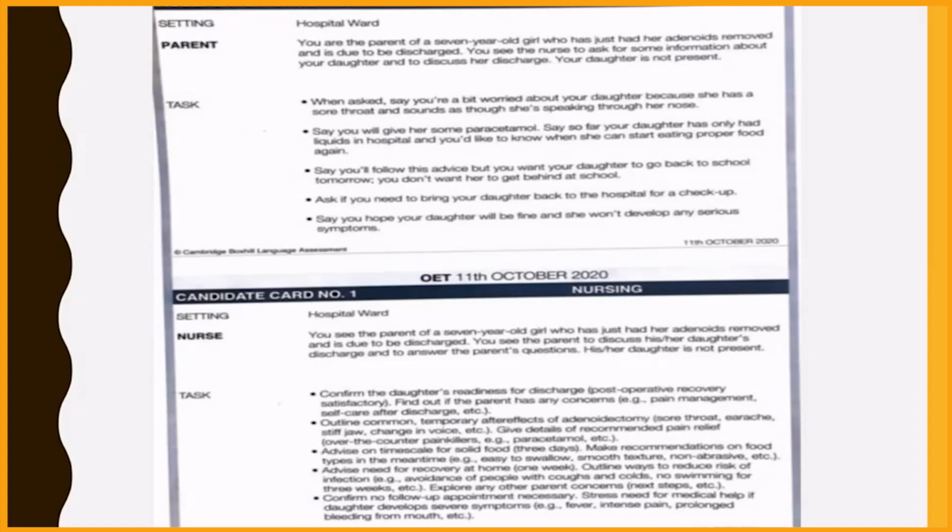By this, you're giving a reassurance, plus you're explaining that these are all the common symptoms. Then you can say, some of the recommended painkillers which are available over the counter, like paracetamol, will definitely ease her pain.